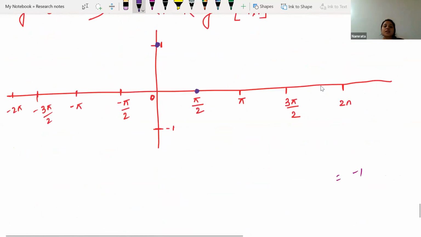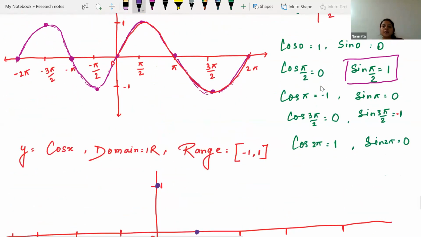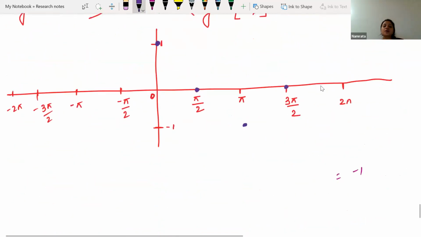Cos pi is -1. Cos 3 pi by 2 is 0. And what about cos 2 pi? It's 1. We got all the points on the right hand side.